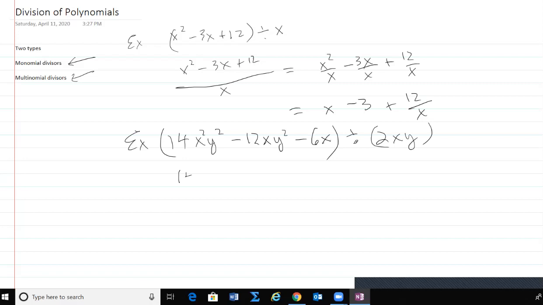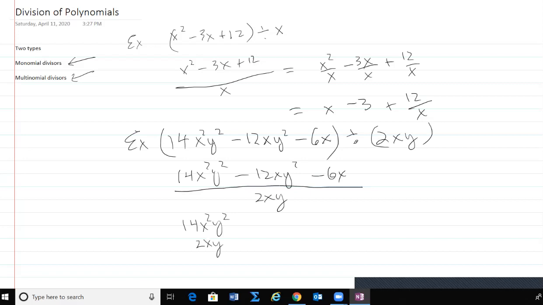So that means you have 14x squared y squared minus 12xy squared minus 6x, and they're all divided by this 2xy. So we're going to just write each of these separately, and then simplify each fraction in turn. Okay, so just be careful to do all that.